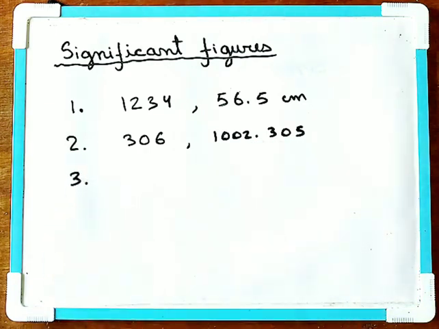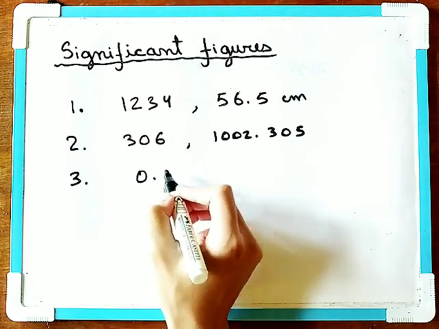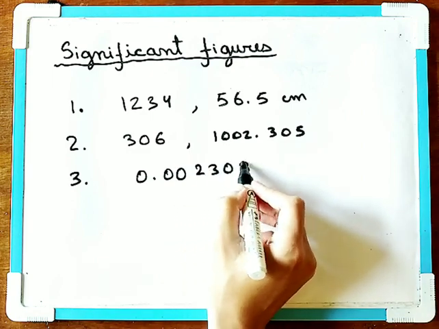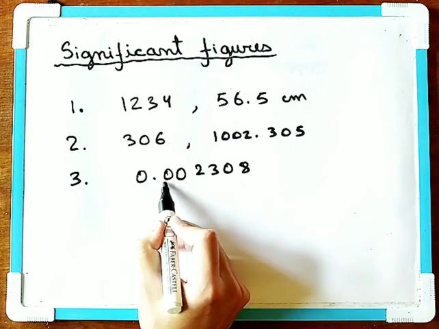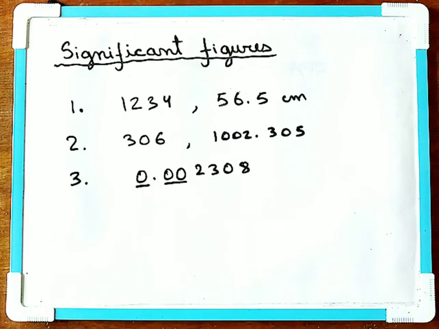Then the third rule. If the number is less than 1, the zero or zeros on the right of the decimal point but to the left of the first non-zero digit are not significant. Say the number 0.002308, which is less than 1. These zeros here are not significant.